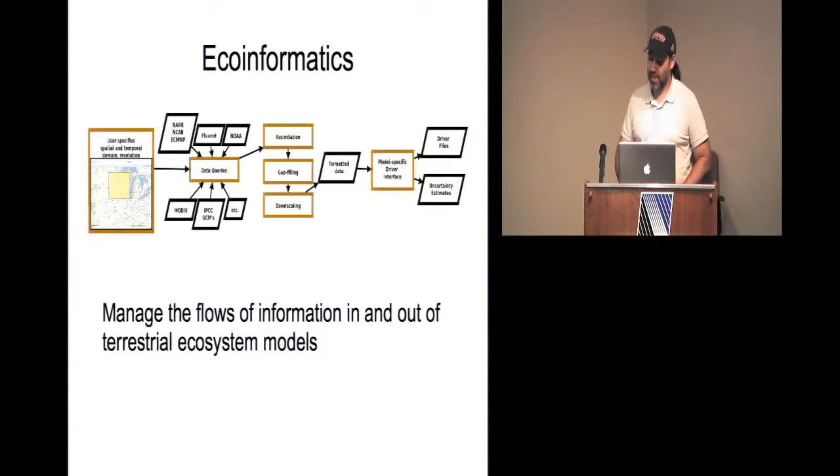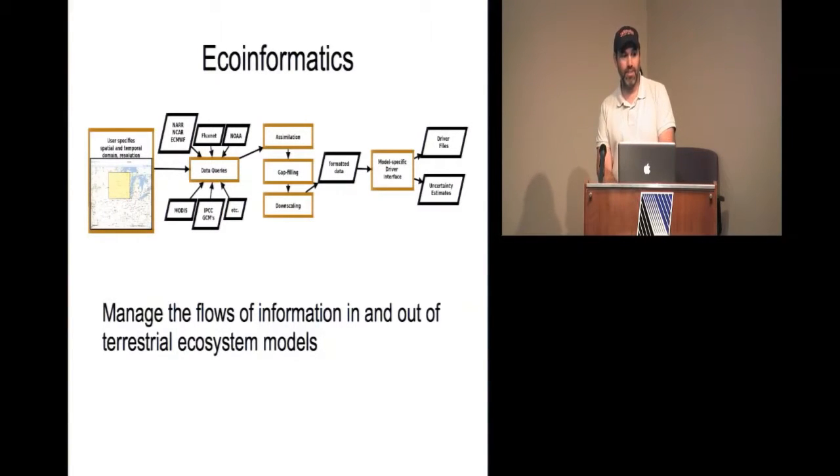PEcAn is a workflow to handle this, but one of the bottlenecks was getting data into the system to begin with. We had spent a number of years developing tools that were very good at automating analyses of the models and understanding their uncertainty, but we weren't so good at getting the data into our system.